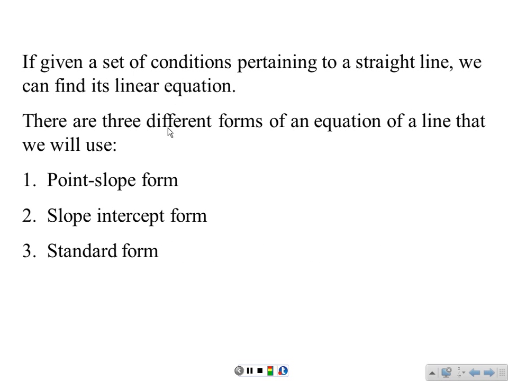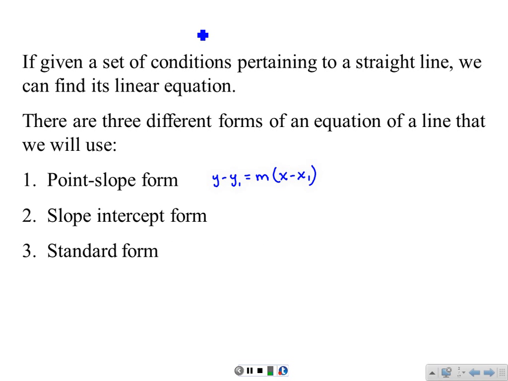There are three different forms of an equation of a line that we will use, and you need to know all three of these. I would suggest that you put them on your index card. We have the point-slope formula, which is y minus y1 is equal to m times x minus x1. And we're going to use this to get to the other two forms.